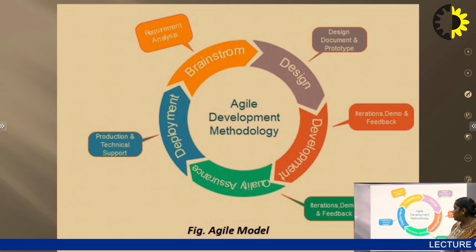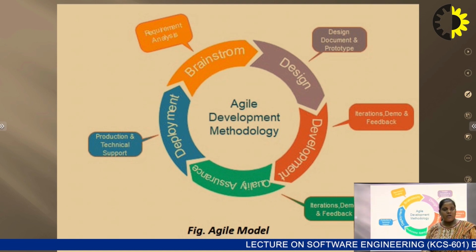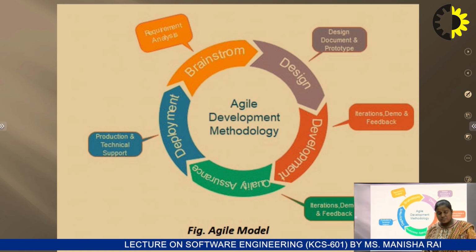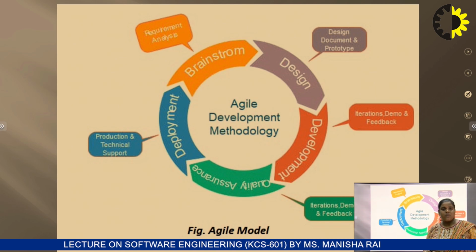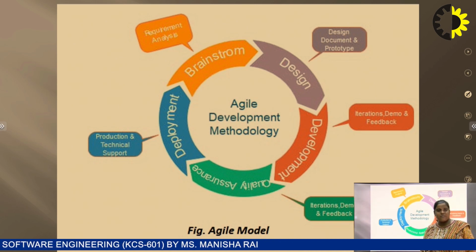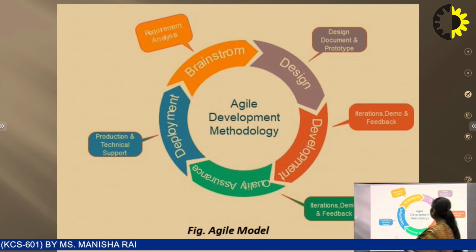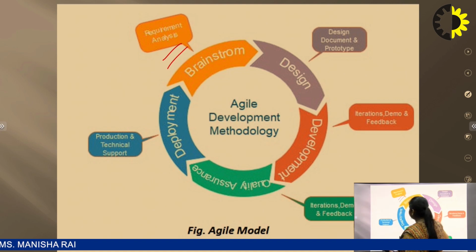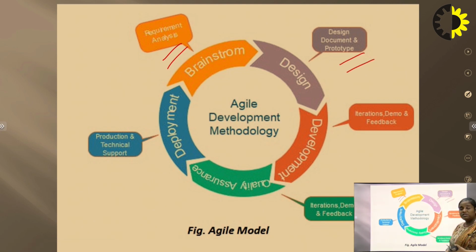What is the agile model? Nowadays, most companies use the agile model for the development of software. The agile model provides one of the most basic features related to customer feedback or real-time feedback. In agile models, first of all, we analyze requirements, then the design document and also a prototype.